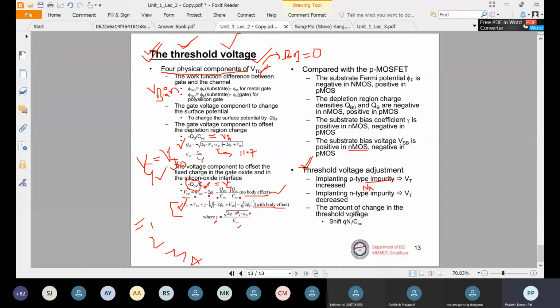The amount of change in the threshold voltage is given by 2qNi, that is Ni, intrinsic doping with respect to the oxide capacitance. So this will be providing you the dependence of threshold voltage, how it should be changing. This much amount of shift will be there based on the doping conditions, whether in the positive or negative direction.